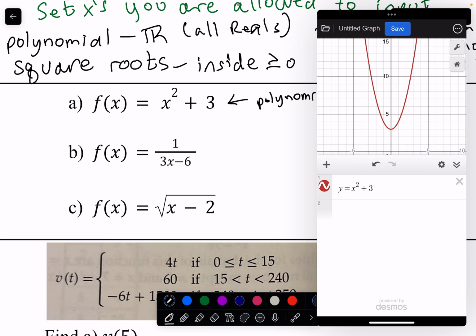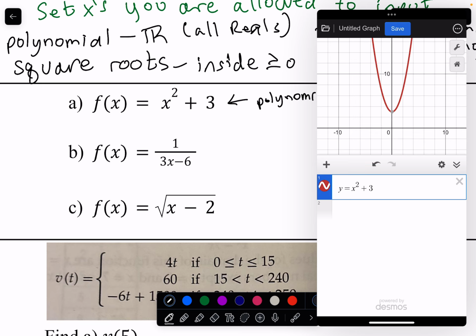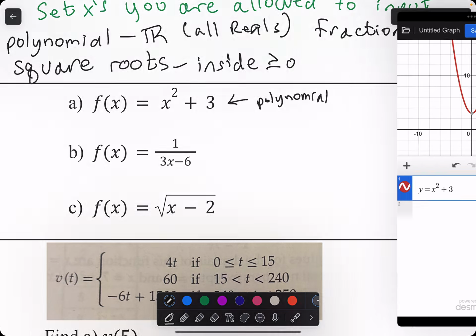This graph stretches from left to right without any holes or jumps forever. It is what's called a continuous graph. The graph never ends, never breaks. You can start drawing it and you never have to lift your pencil.